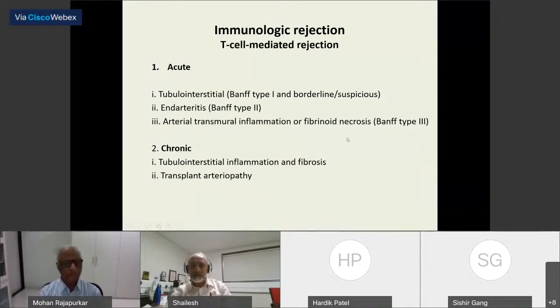Whereas in chronic cell-mediated rejection, there is tubulointerstitial inflammation and fibrosis, along with transplant arteriopathy, where in the intima there is a deposition of collagen, type 4 collagen material.